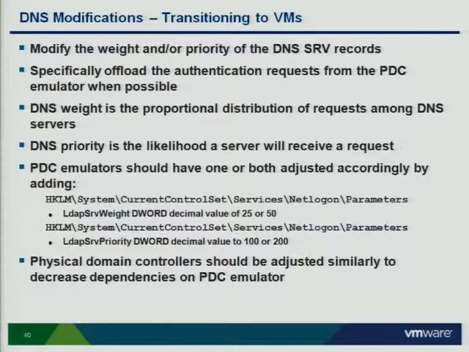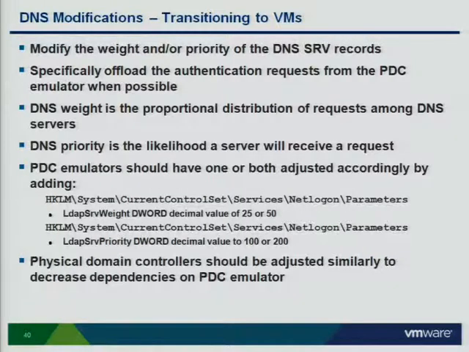DNS modifications, the transitioning piece of this. Here's where we're trying to redirect the logon requests from what was going to all these physical machines to the virtual machines now. We can do that by modifying the SRV records within DNS for specific entities.